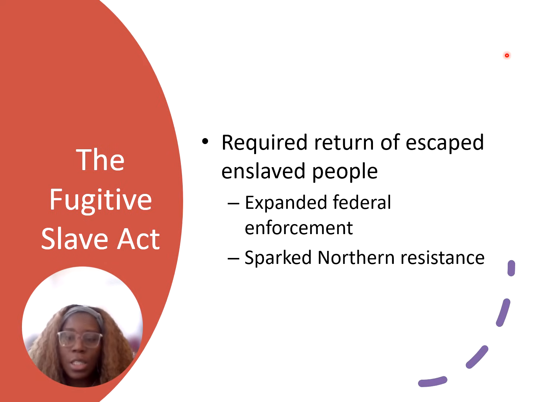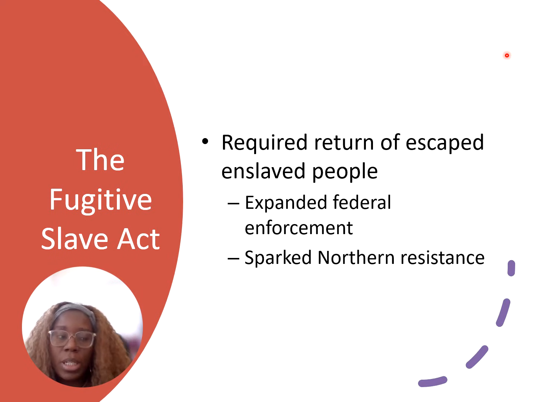You had citizens who could now be empowered by the federal government to go around and snatch people up from their homes and say, hey, you are a slave. You need to go back to this slave state. Why are you in a free state? So you can just imagine Black people living in free states.